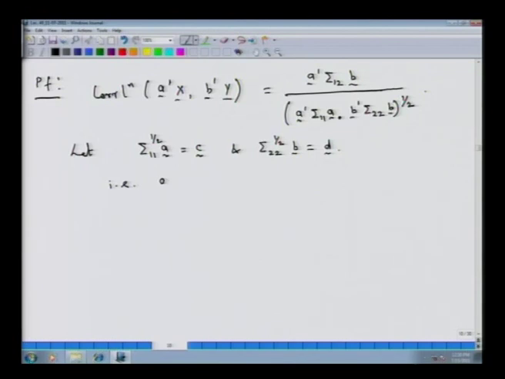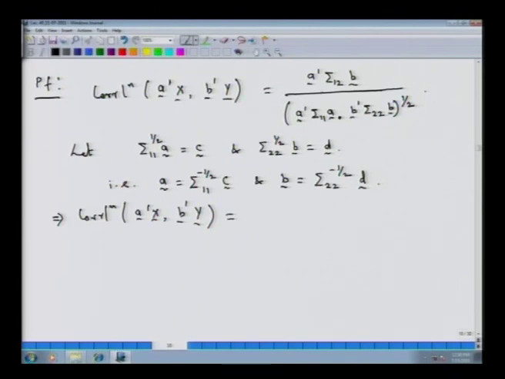That is, our A vector is equal to sigma 11 to the power minus half times C, since sigma 11 and sigma 22 are positive definite. So, this is defined, and B is equal to sigma 22 to the power minus half times D. Now, with this notation, the correlation between A prime x and B prime y will have these A's and B's replaced by C and D. So, what we will have in the denominator is the following.